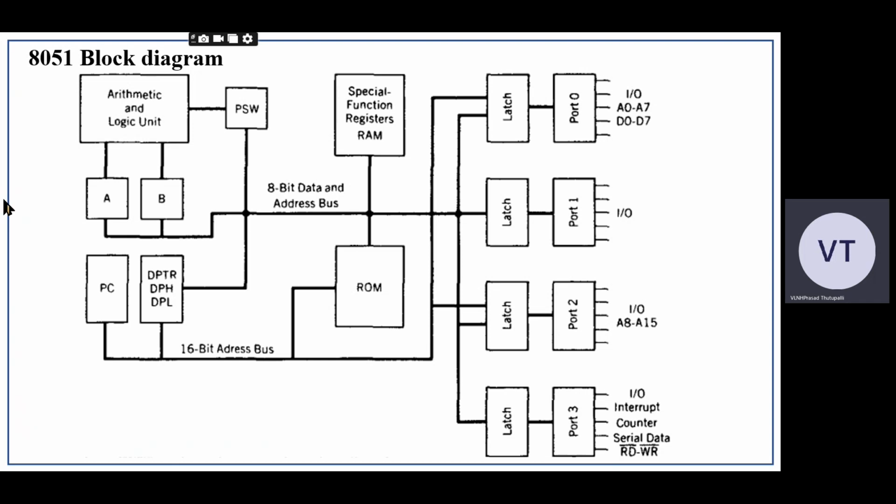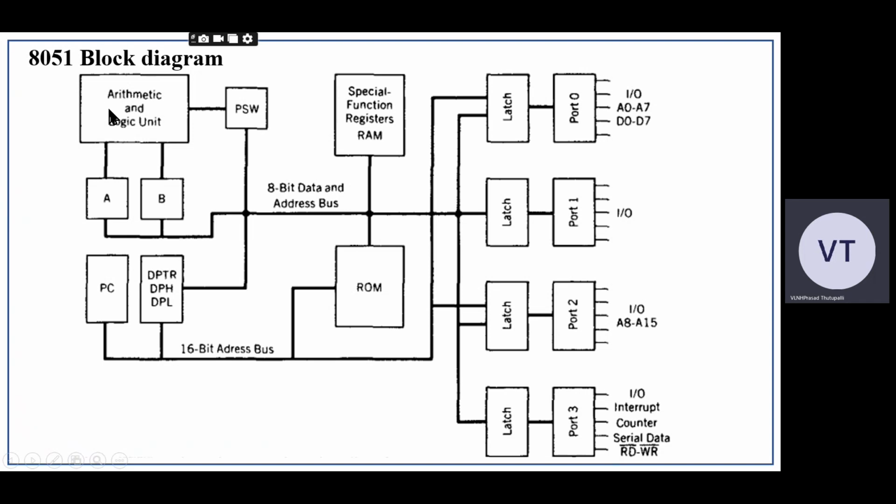The program counter maintains the sequence of the program. The data pointer register and the program counter are 16-bit registers. The program status word is nothing but a flag register, which is an 8-bit register.